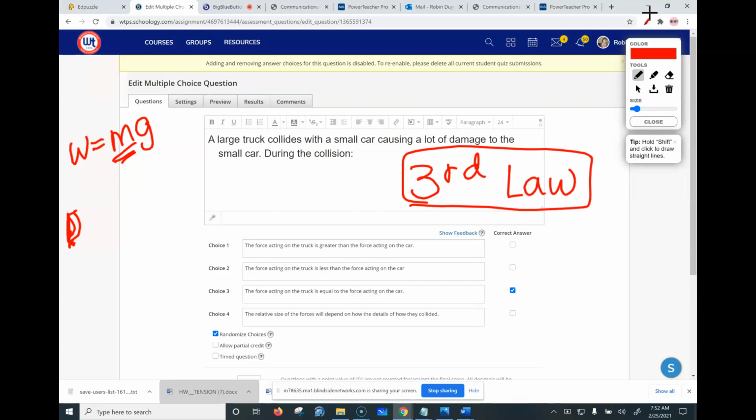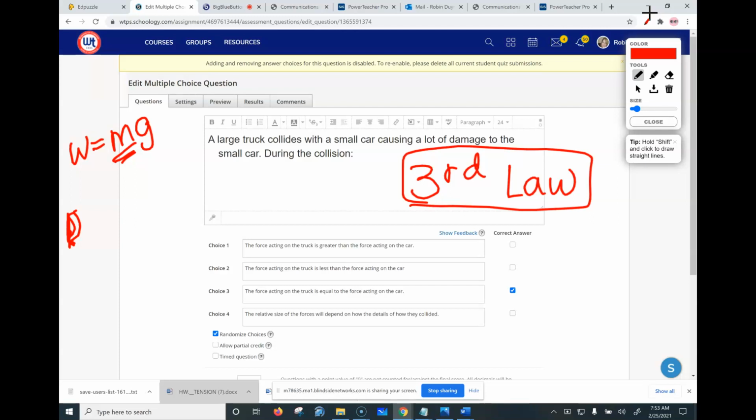Don't bring any more into it. For example, the truck puts a force on the car, then the car puts an equal and opposite force on the truck. So it's that third law pair, and it involves 2 objects and only 2.